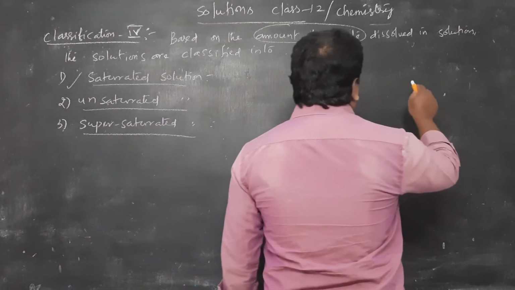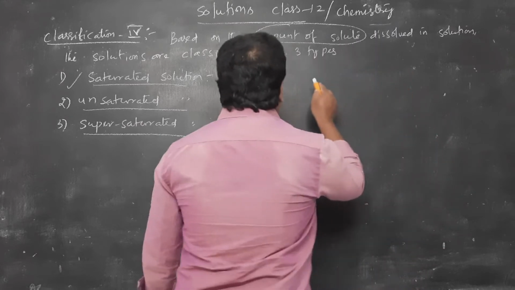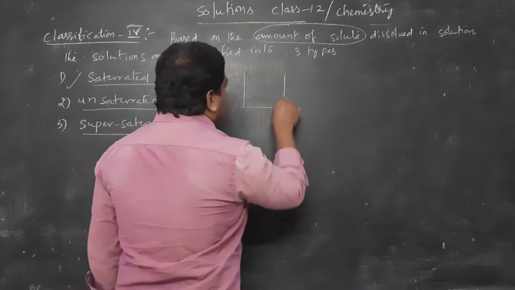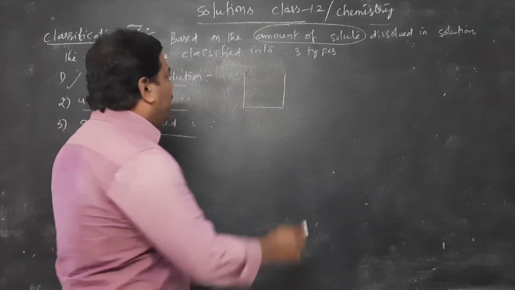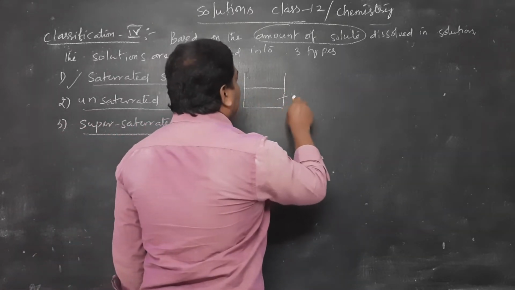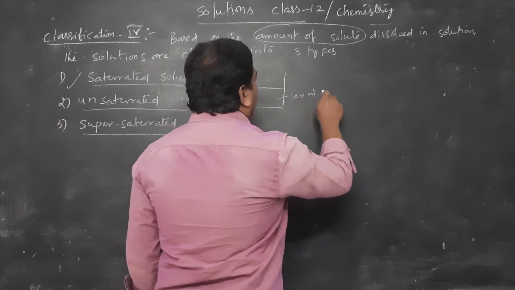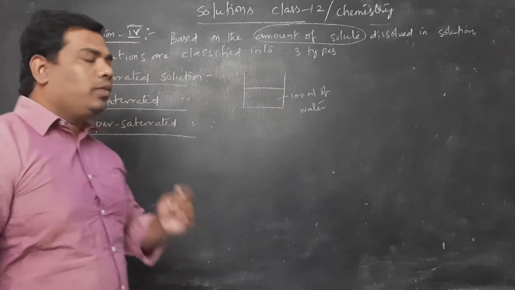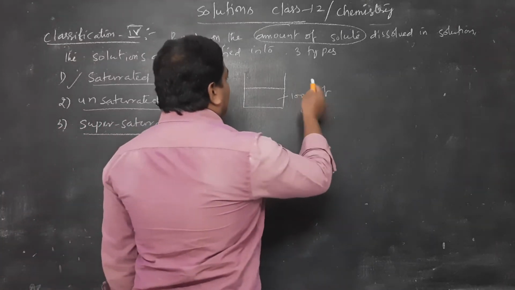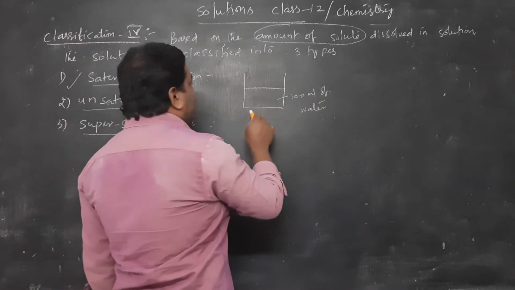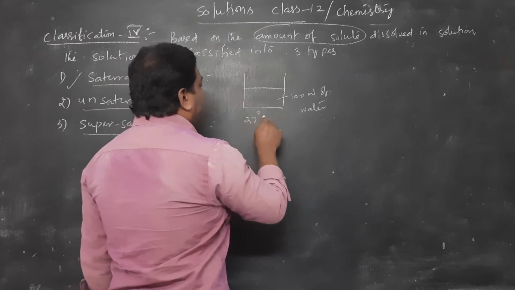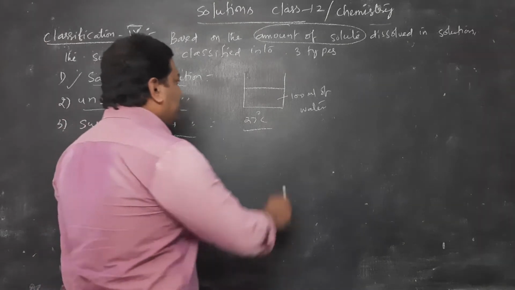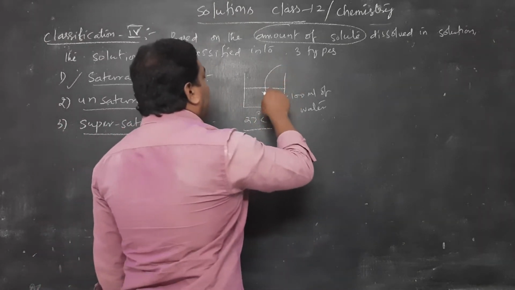Here we will take a glass beaker. Take 100 ml of water. The temperature of this solution is 27 degrees.